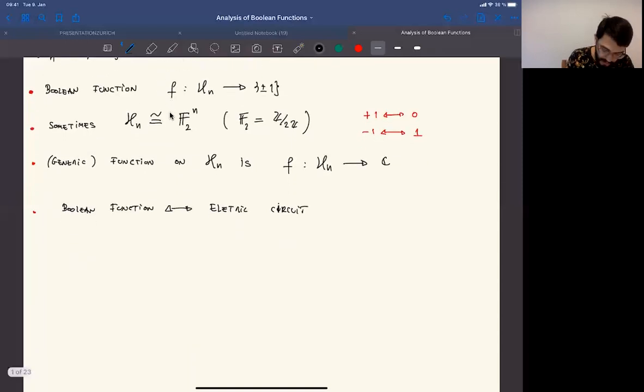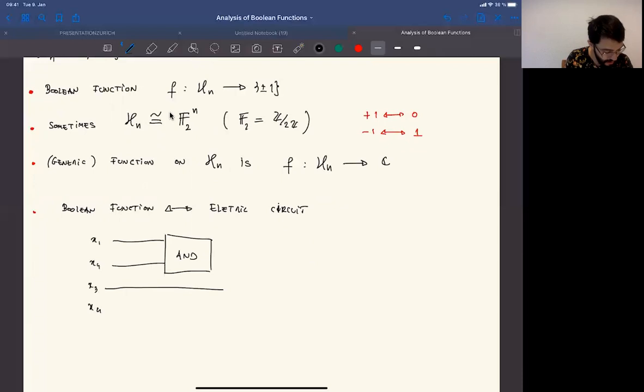For instance, let's imagine that you have 4 inputs, and what you can do is apply some AND gate here. I'm just randomly writing some things here, and then in here you can apply, say, an OR gate, and then you finally get your answer.